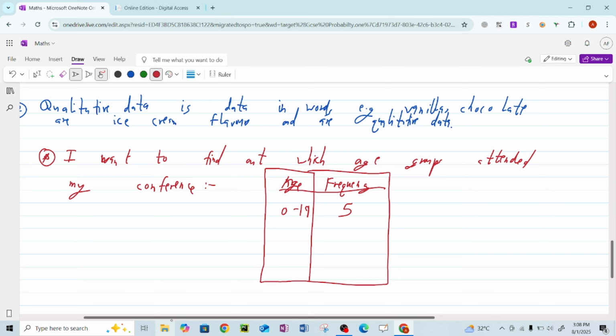So next one we can say it is 20 to 40, that will give me, let's say, 13 people. Then we can make from, let's say, 41 to 60, and we could have 15 people. Now one thing, I did make a mistake over here, 39.